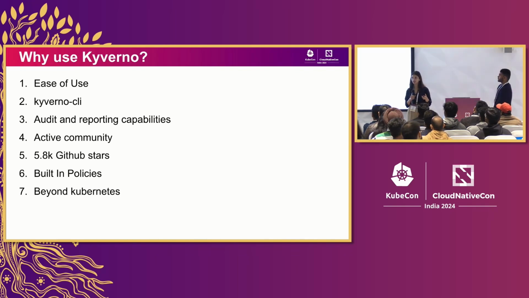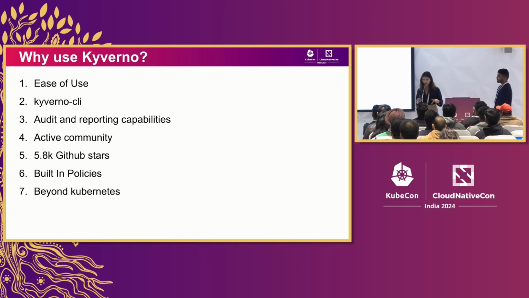That helps you by letting you test your policies before you put them in your cluster, to make sure they pass for all of your edge cases and for all resources that you would expect. Kyverno also offers auditing and reporting capabilities. That means it would help you generate a report for your cluster, to analyze it and understand how your cluster is doing.